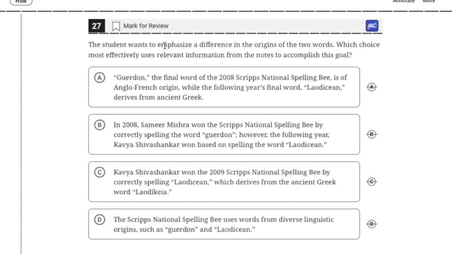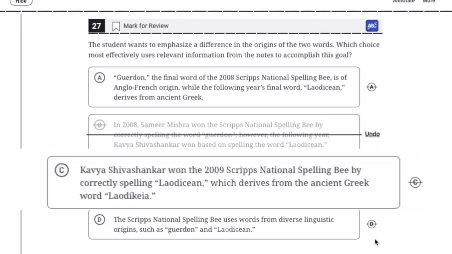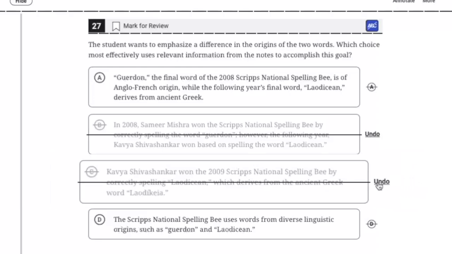But remember, we want to emphasize a difference in the origin of the two words. B does not do that. C: Kavya Shivashankar won the 2009 Scripps National Spelling Bee by correctly spelling Laodicean, which derives from the ancient... Okay, so this one's only focusing on one word, so it literally doesn't even mention the other one.